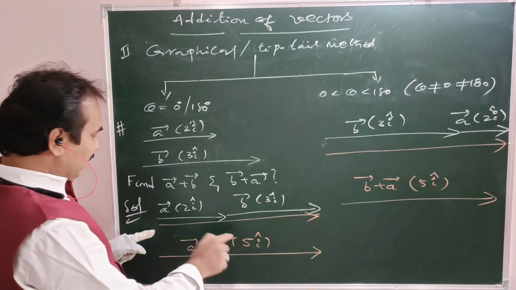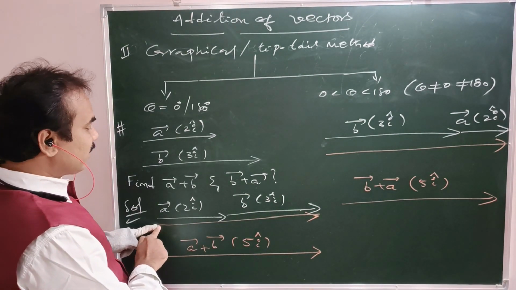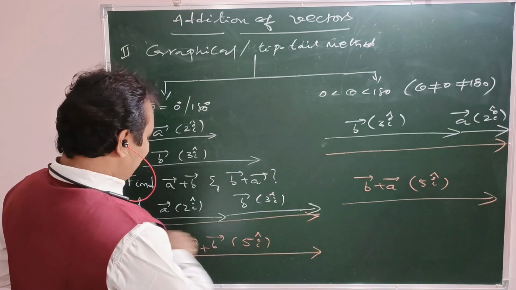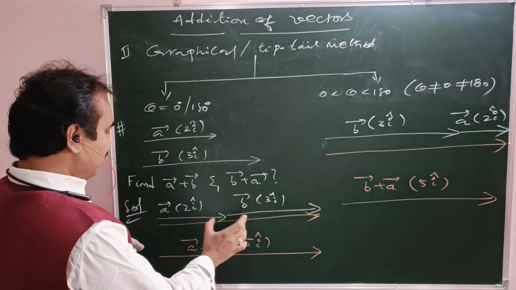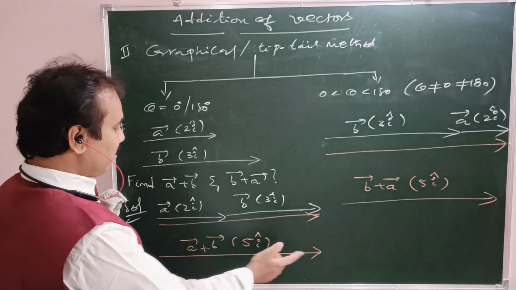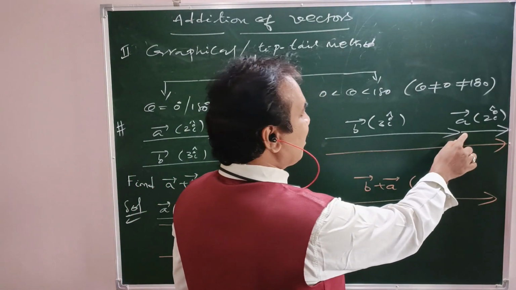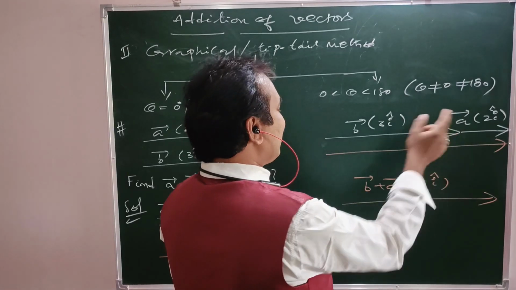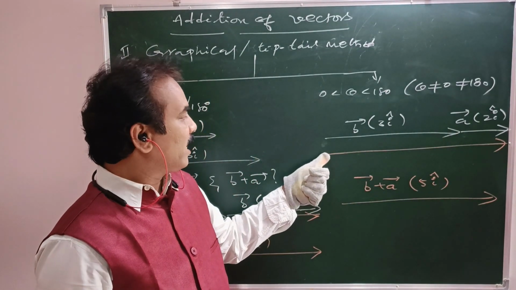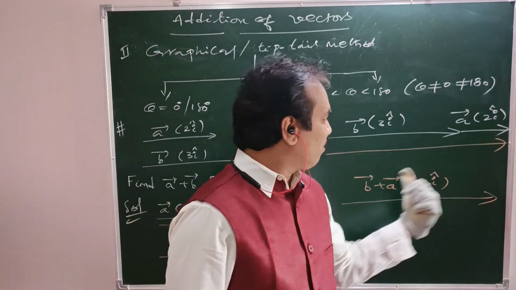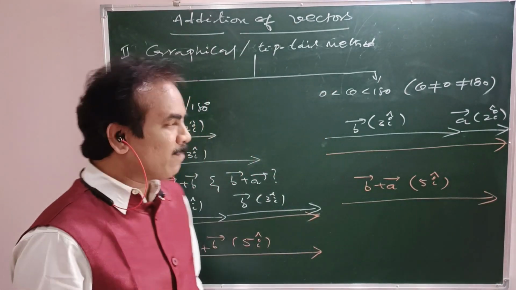Then a vector drawn from tail of first vector to head of second vector is the resultant. See this red color, that is A bar plus B bar, 5i cap. Here also the tail of A bar is to be connected to head of B bar. Then the vector drawn from tail of B bar to head of A bar is the resultant, that is B bar plus A bar.